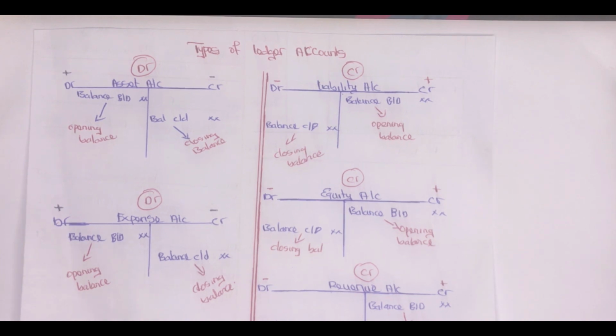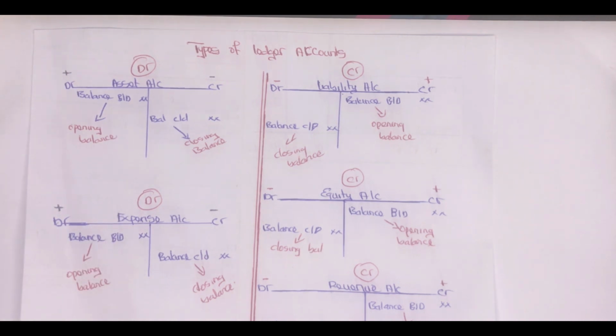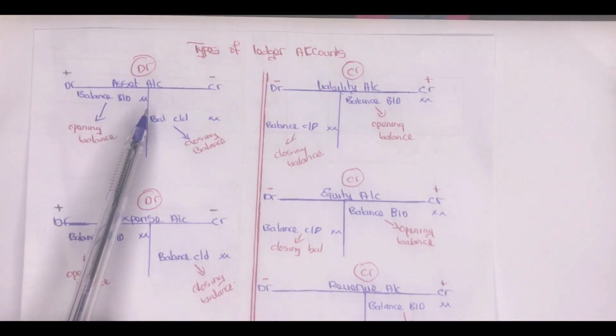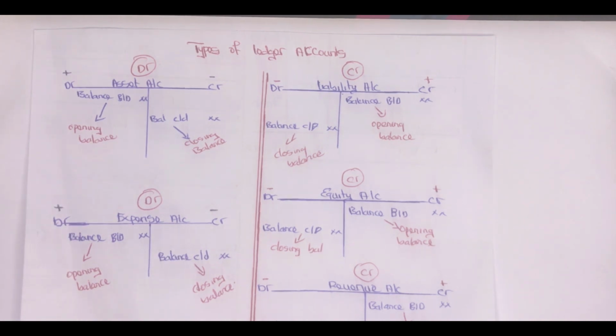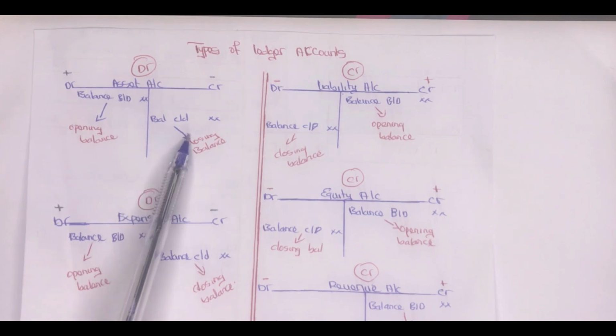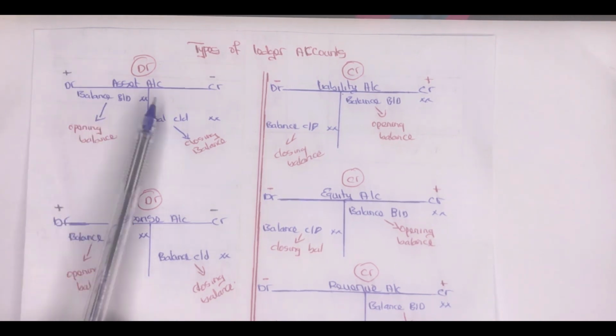Looking at the asset account, you will see a balance brought down. This is the balance for the previous year, or the opening balance for the current year. And then we also have the balance carried down. This is the closing balance for the current year, and it is going to be the opening balance for the next year. So this is an asset account.